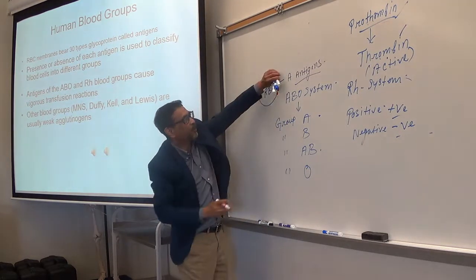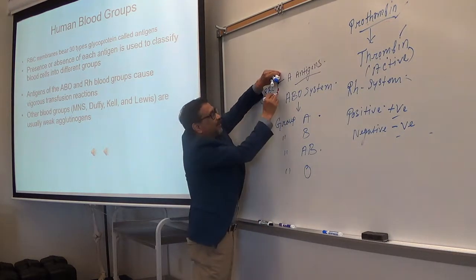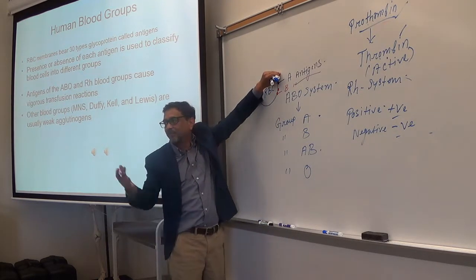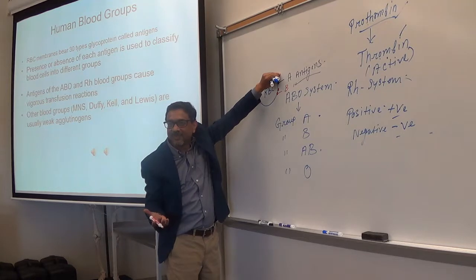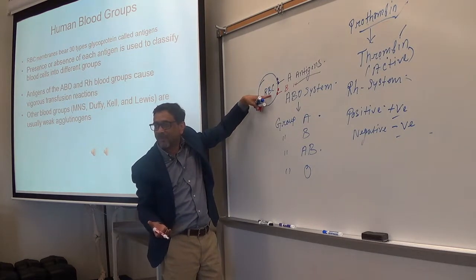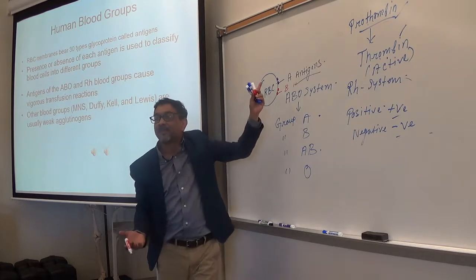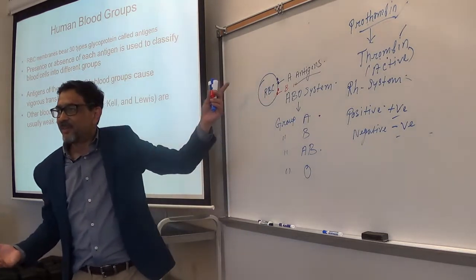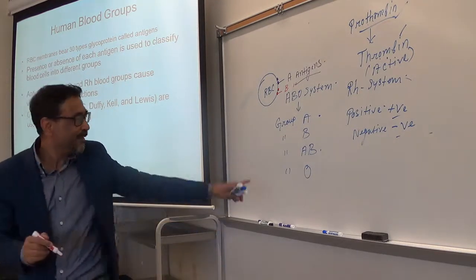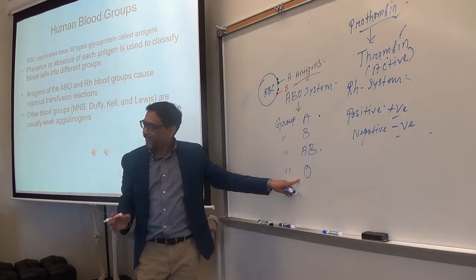If someone has only B antigens, no A, what will the blood type be? B. Make sense? If someone has both A and B antigens, the blood type will be AB. If none of those, then the blood type will be O. Is it clear?